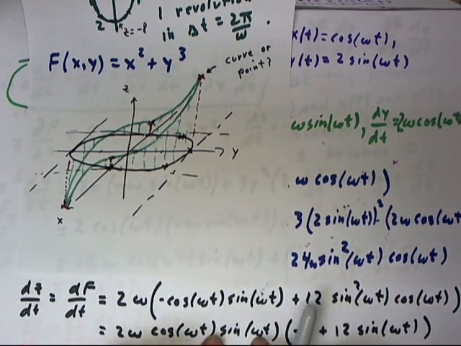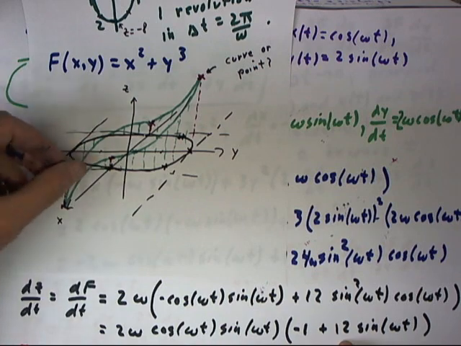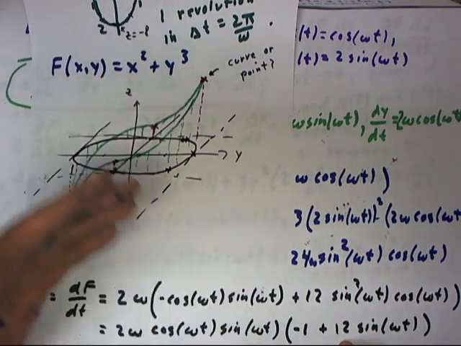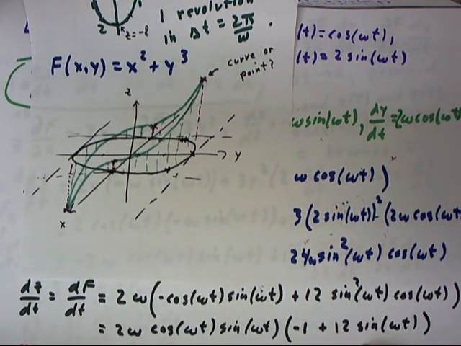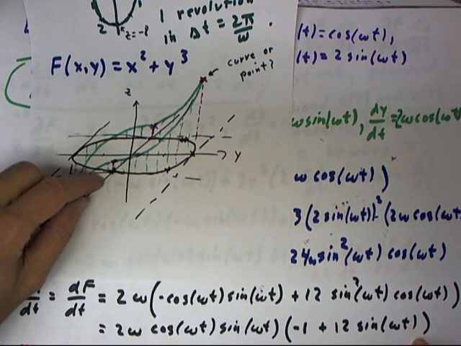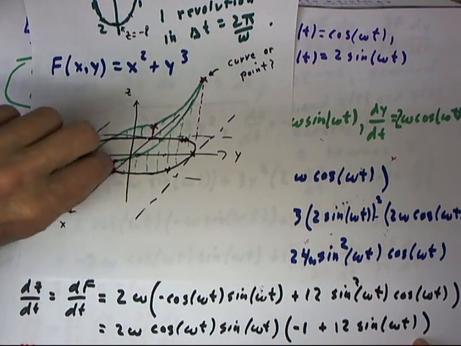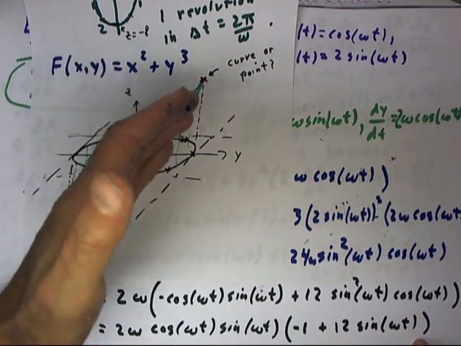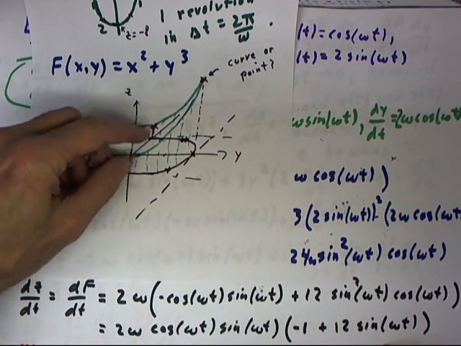One thing that disturbs me just a little bit about this expression is that when the sine of omega t is plus 1/12, which is going to happen somewhere pretty close to the x-axis or to the xz plane, but not exactly on the xz plane, when the sine is equal to 1/12, the negative 1 plus the 1 that we would get from 12 times 1/12 is going to be 0, so that there's apparently a point not too far from the xz plane and to the right of the xz plane where this curve stops rising for an instant.